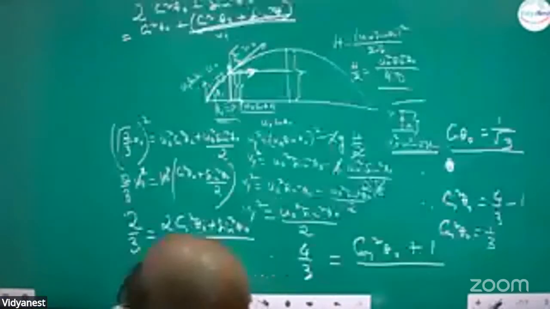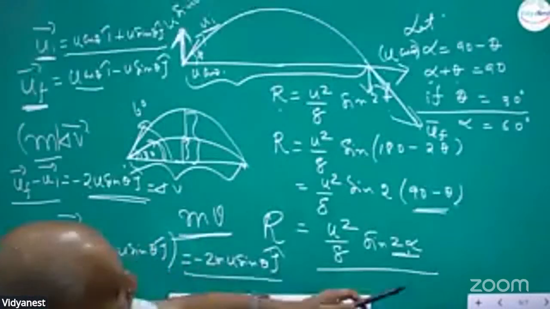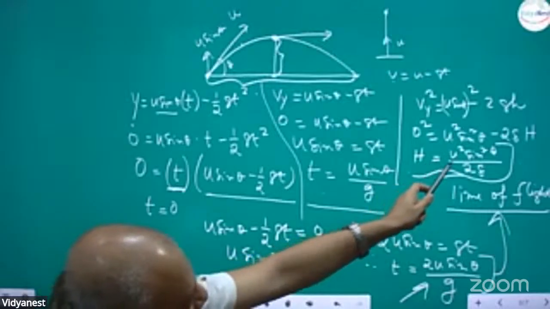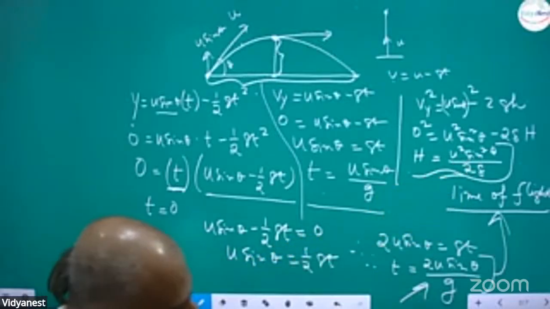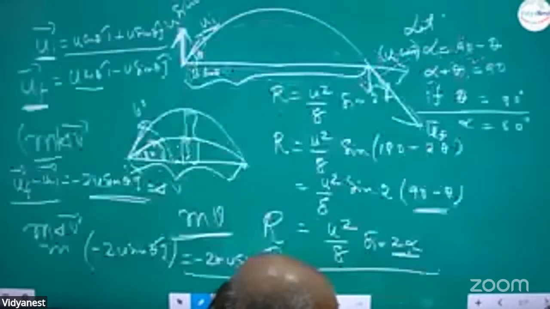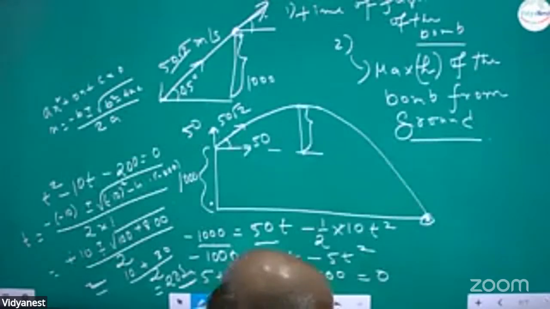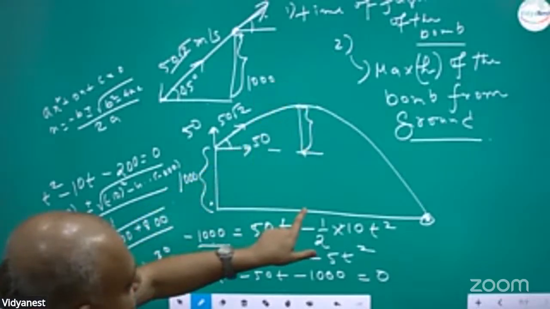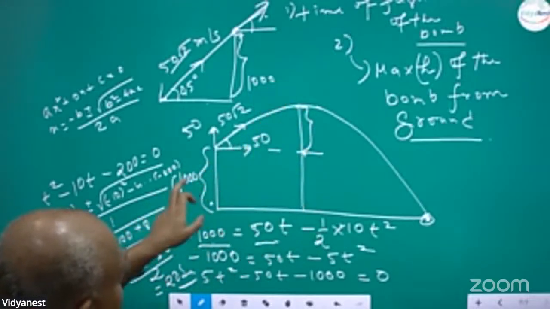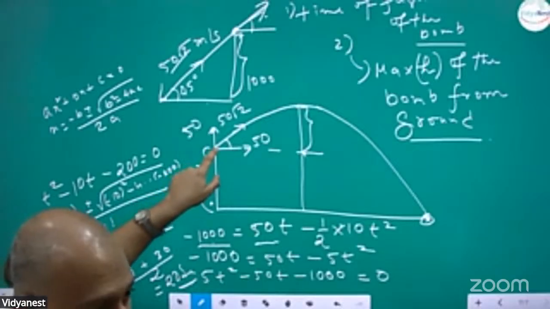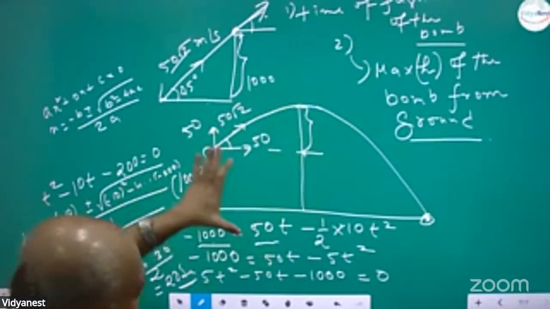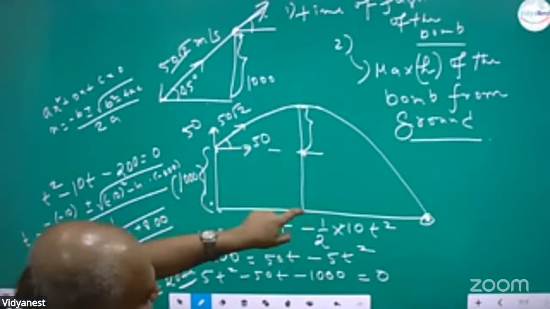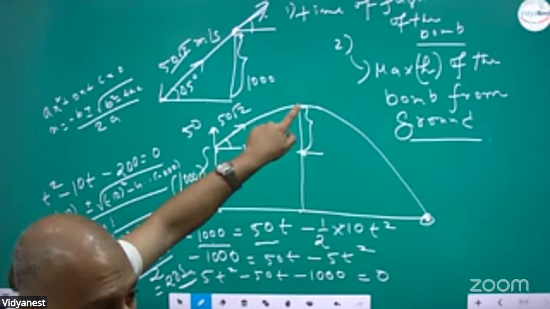Yes, sir. After using that formula, to this height I add 1000, because the plane released the bomb at a height of 1000. So this height plus this 1000 will be the maximum height of the bomb from the ground.